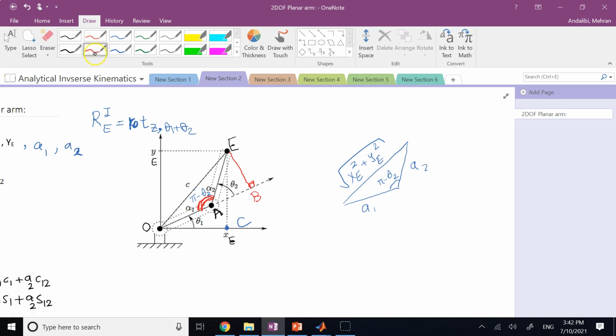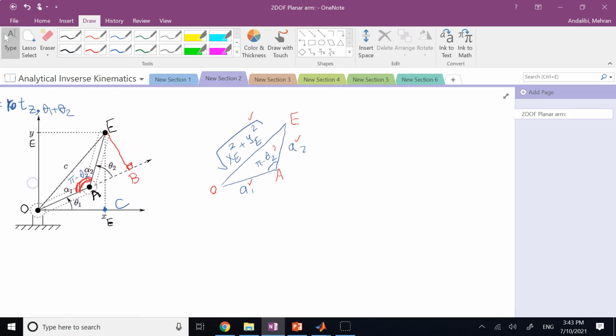Okay, so this is my triangle, as I said, O, A, E. Now, in a triangle where A1 is given, A2 is given, and this square root is also given because x and y are given. If I know all three sides, can I find this angle? And the answer is sure I can. I use here the law of cosines.